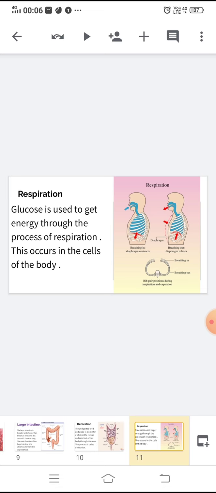Glucose is used to get energy through the process of respiration. This occurs in the cells of the body. All must hear carefully. In the process of respiration, glucose is used to get energy.